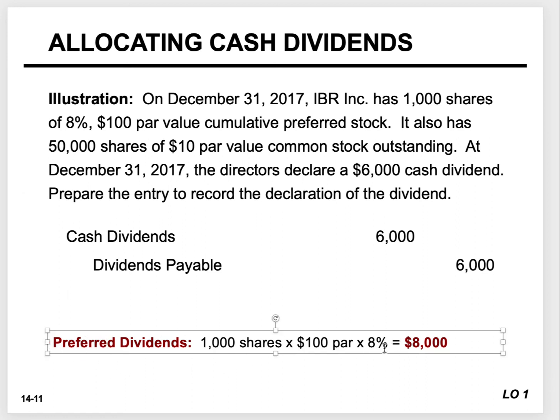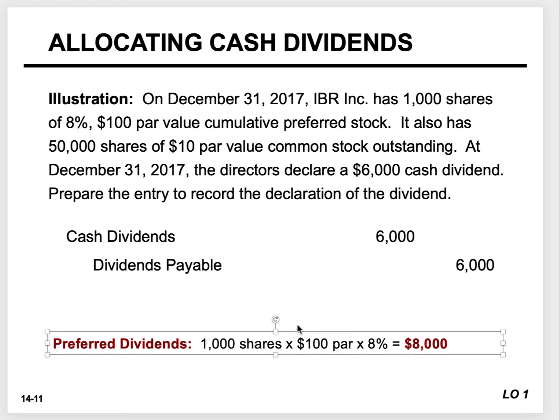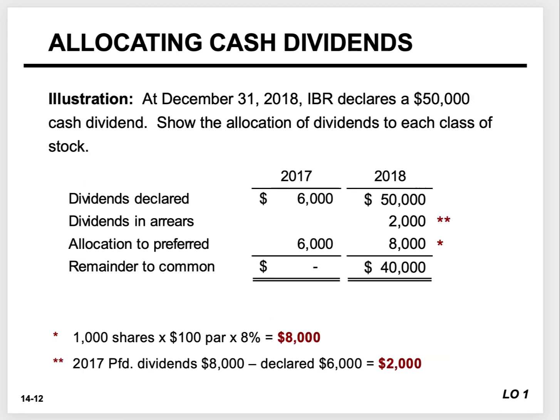Like we said before, we didn't pay them enough, right? So we still owe them $2,000 in arrears. How did I figure that out? Well, that's easy. I take the 2017 preferred dividend of $8,000 minus the declared $6,000. So that means I still owe preferred shareholders $2,000 of dividends in arrears.